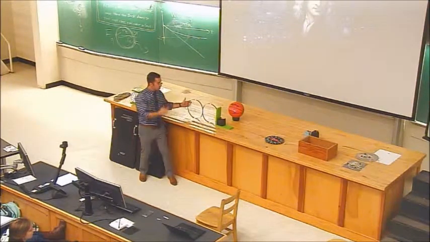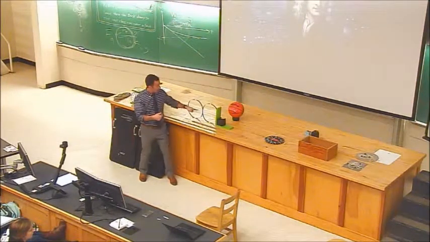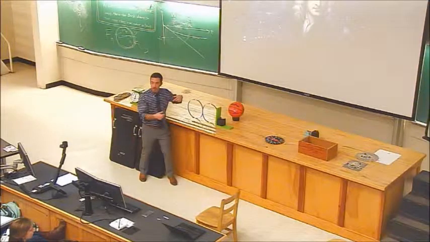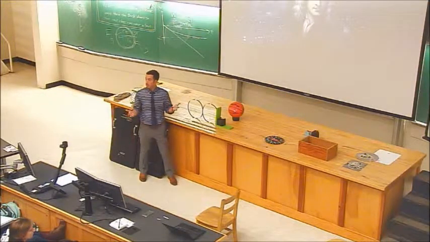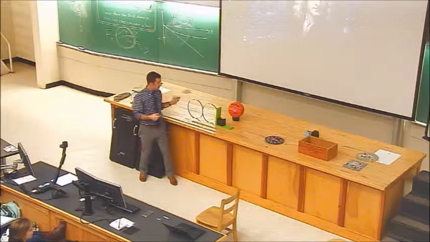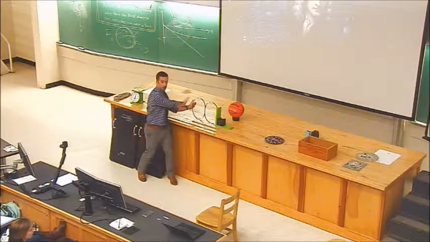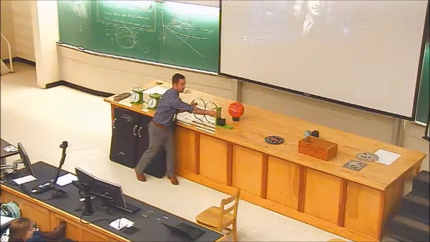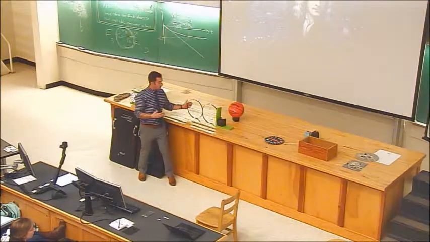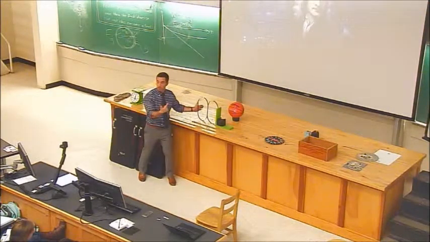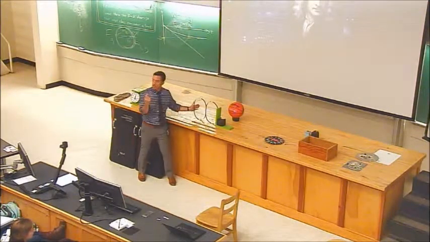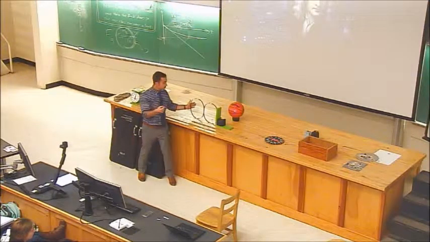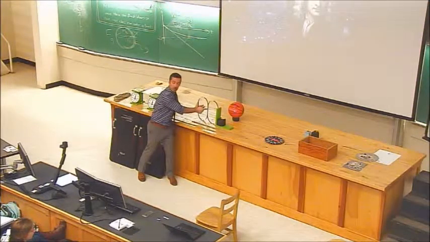I can conclude that they're experiencing the same net force. Both are experiencing this much, because I'm pushing on the left side of this one, and the green thing's pushing on the right side of that one. So they're both experiencing the same force from the side, and the same force in the middle. The mutual force is exactly shared right there in the middle.